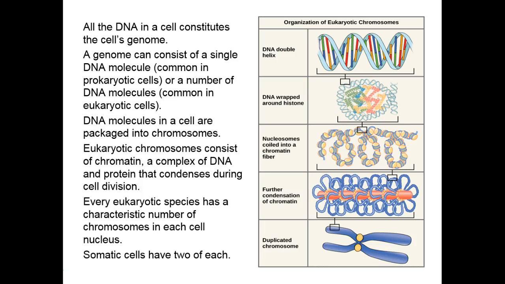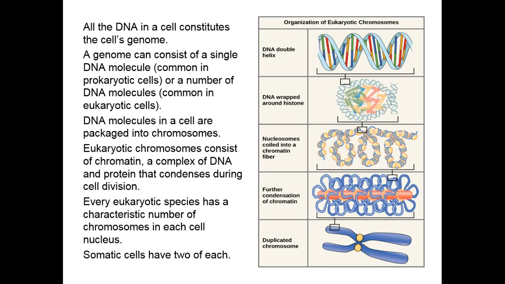With regard to some terms, all the DNA in an individual cell of an individual species constitutes the cell's genome. And there's much discussion about using genome data for various different studies.